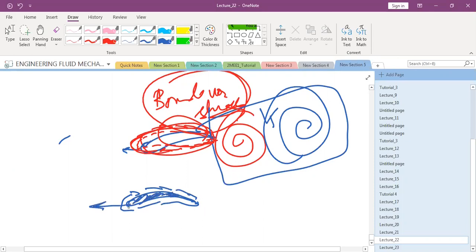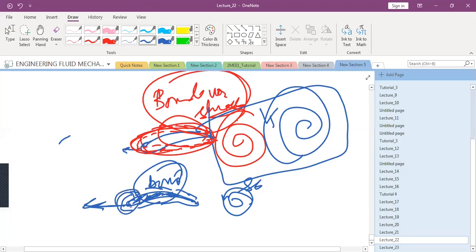Wherever the aerofoil was moving, the vortex was moving around along with it. Whereas the shed vortex was here somewhere. So whenever it moves in this direction, this is the shed vortex and this is the bound vortex which is bound with the aerofoil. It moves along with the aerofoil. And when you suddenly stop this aerofoil, this bound vortex has to get shed and this sheds in this direction.